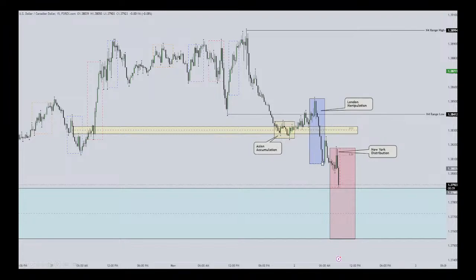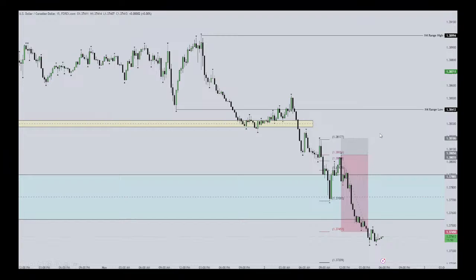So after it ran through this Asian low, shifted in market structure lower, continued the market maker sell model, it pulled back a little bit, tapped into the breaker block that was created in the Asian session accumulation, and then continued making its way lower during our New York session.